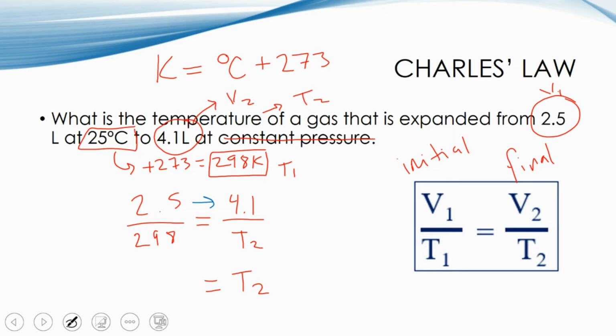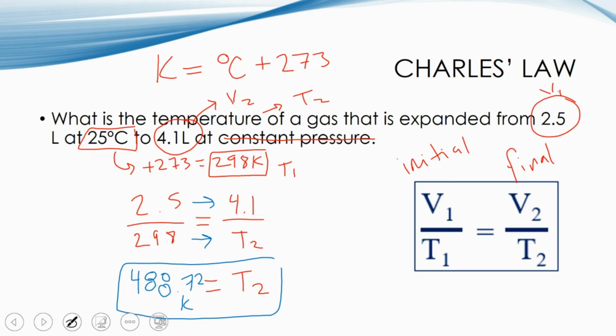From 2.5 to 4.1. So whatever our answer for temperature is, it needs to be higher than 298 degrees. And our answer here is 488.72, and that would be in kelvins. So that is our final answer.